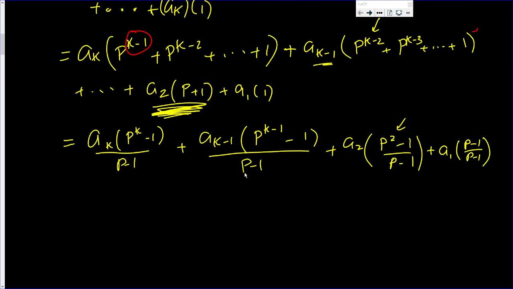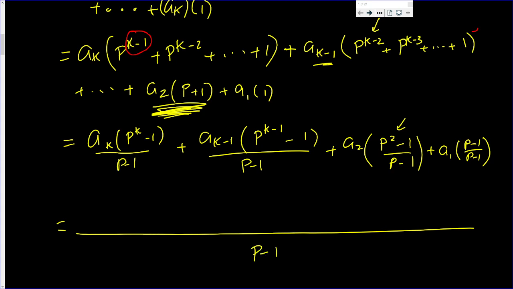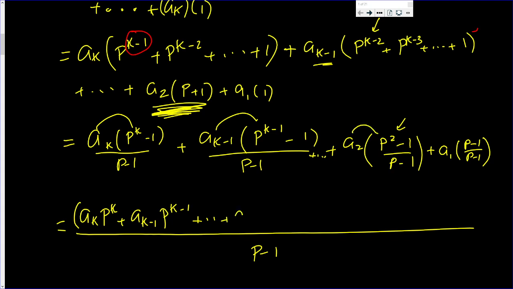Okay, so now let's distribute. First of all, everything's over p minus 1. So we have a sub k p to the k plus a sub k minus 1 p to the k minus 1 dot dot dot all the way down to a sub 2 p squared plus a sub 1 p.